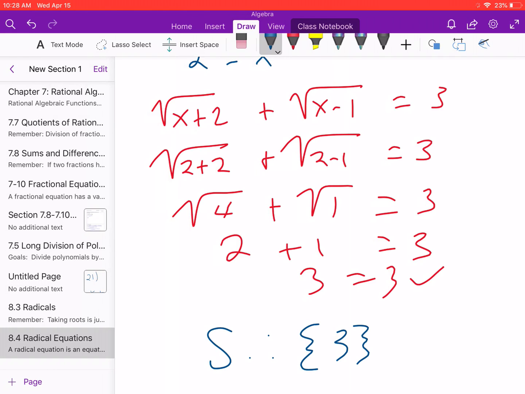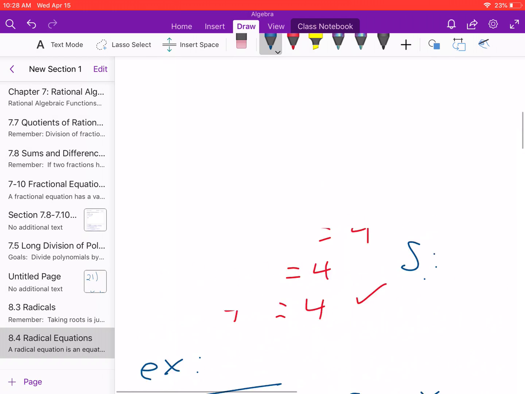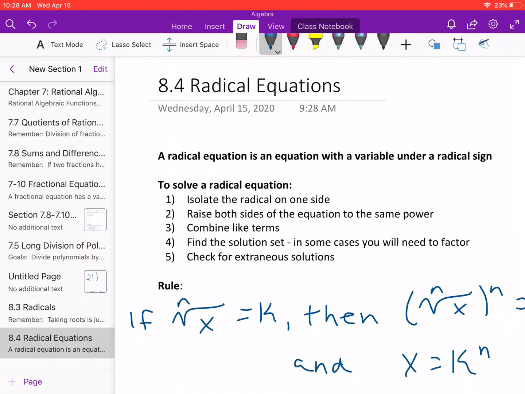So let's review all of these steps one more time. I showed you an easy example, a medium example, and a very challenging example. So the very first thing you need to do in these types of problems is to isolate the radical. Then you are going to exponentiate, or take it to the same power, on both sides to eliminate that isolated radical.